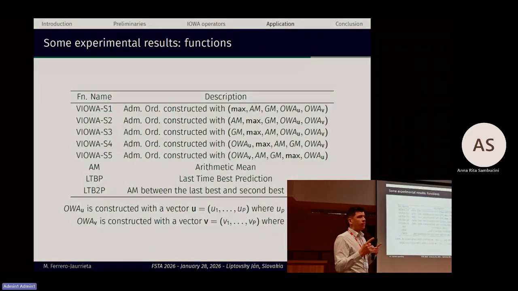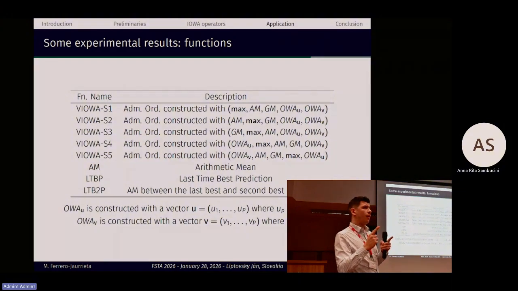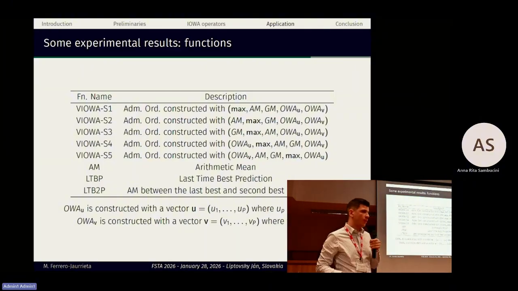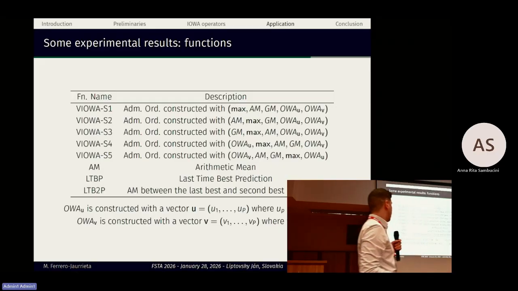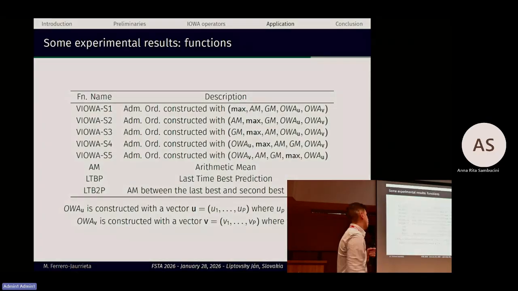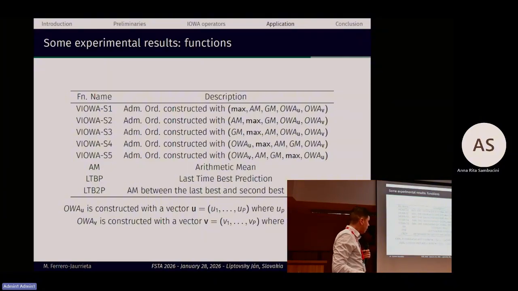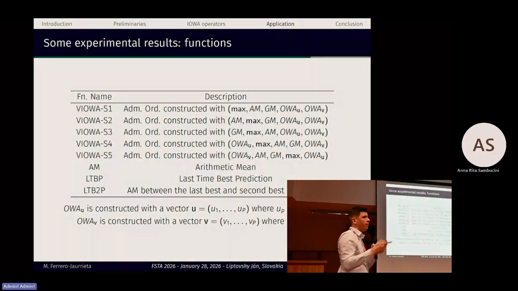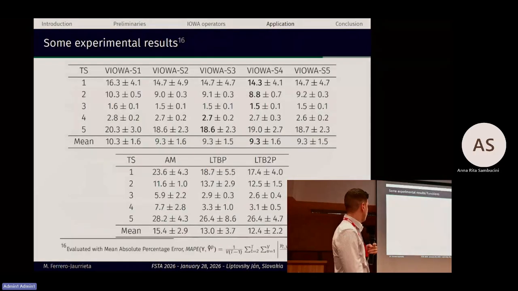Note that in the case that we have fewer than 5 dimensions in the multivariate time series, we take the first positions of the sequence in the construction of the admissible order. And also we have compared with the arithmetic mean of the last time best prediction, and also with the arithmetic mean between the best and the second best predictions.